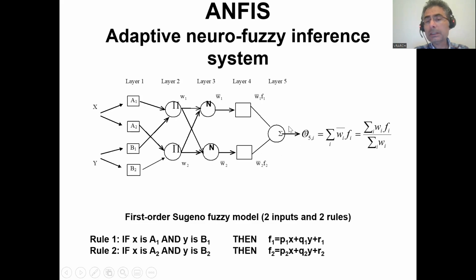And when you come to the last stage, you need to sum the outputs, where one output comes from the first rule and the second from the other, and you get a weighted average. This is based on the first order Sugeno model, with rule 1 and rule 2, and the outputs are represented by linear equations. So, fuzzification and composition of the rules, and defuzzification based on the weighted average.